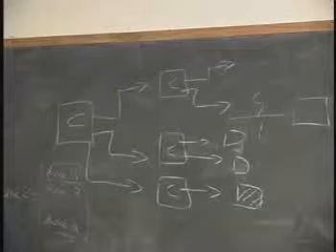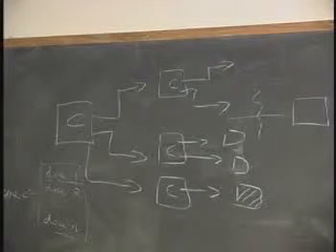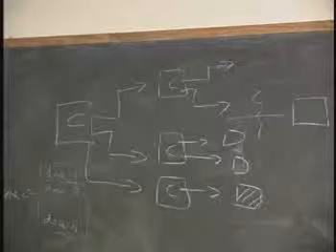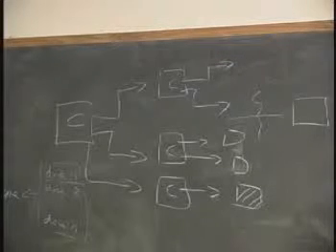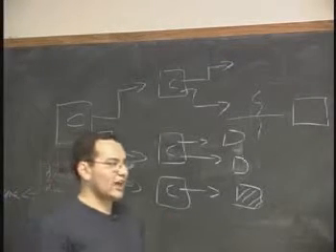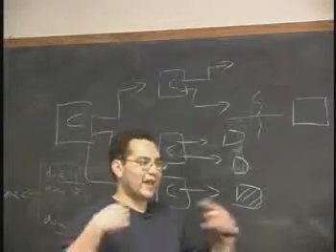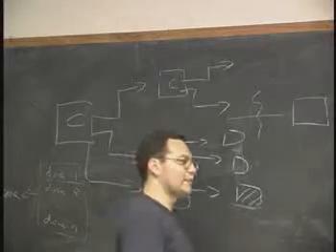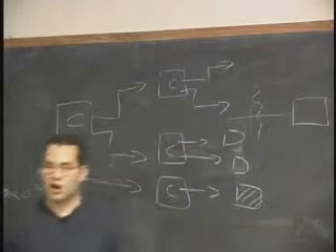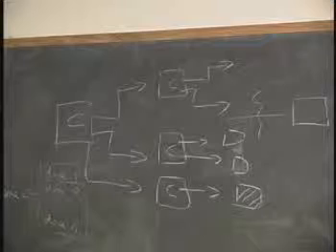So there's two phases. In the first one, it's a voting phase. And what happens there is that all the participants in this transaction are asked to vote whether they can commit or not. So they'll either send back a message that says, yes, I can commit, the vote will be commit, or no, I have to abort.